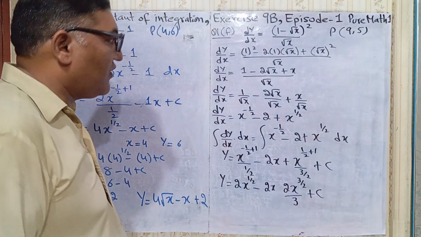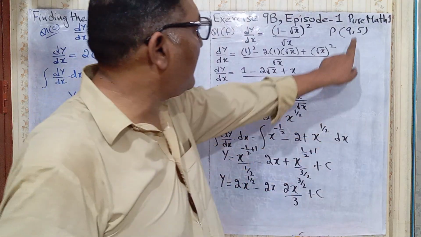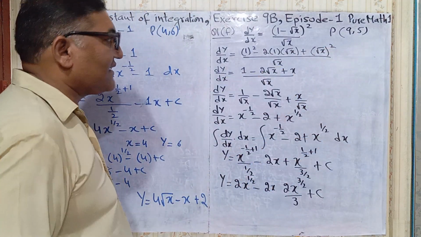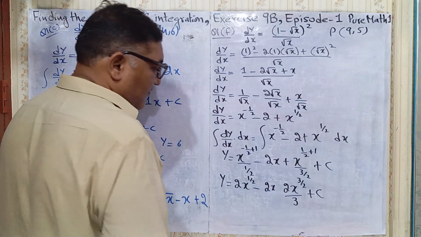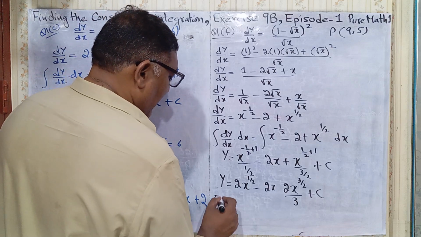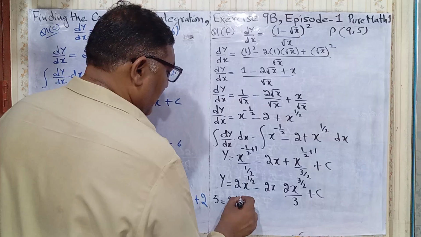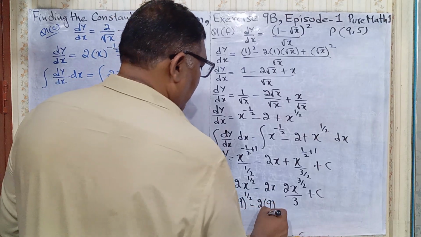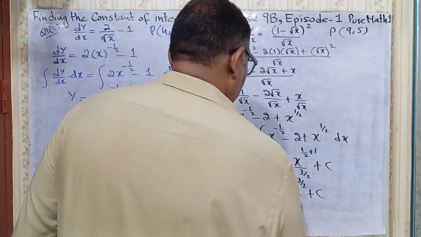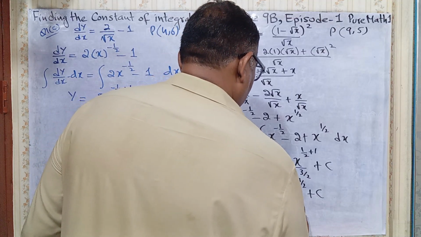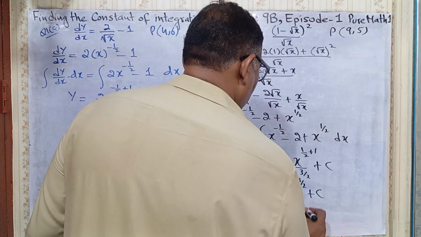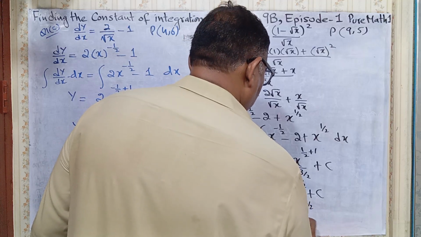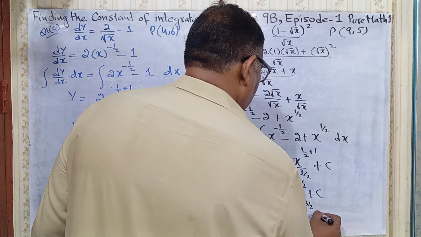Now I have to find the value of c. I know this point: in the place of x I will put 9, and in the place of y I will put 5. So here you will have 5 equals 2 into 9 raised to power 1/2, minus 2 into 9, plus 2 into 9 raised to power 3/2 divided by 3, plus c.